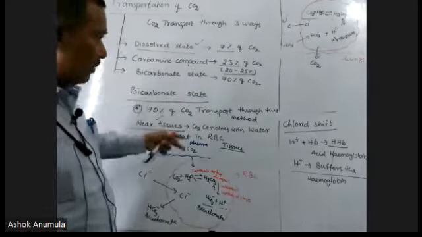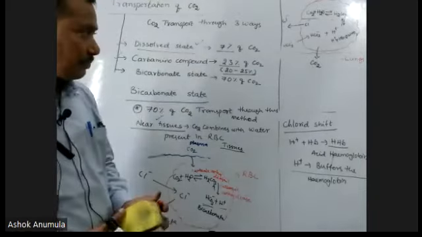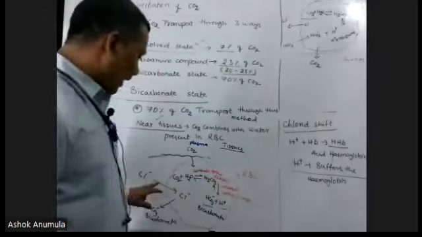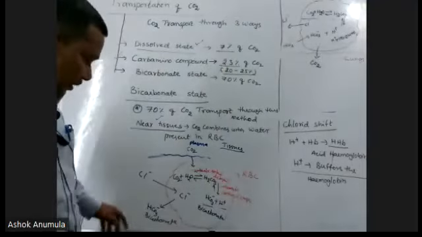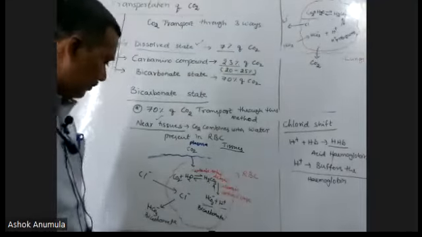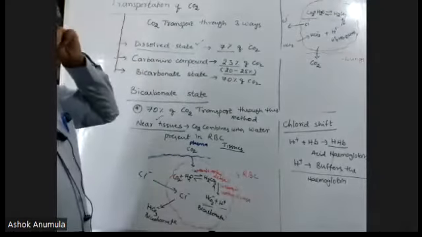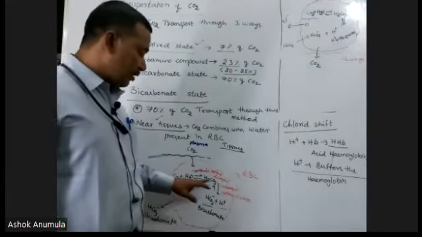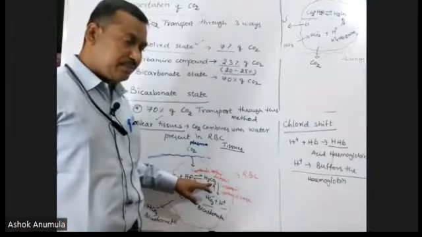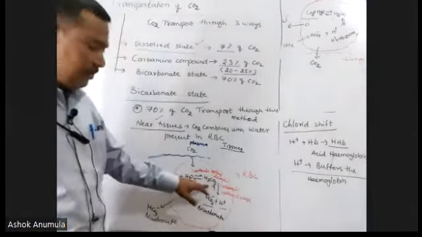I would like to give this information once again. Listen to me. Carbon dioxide enters into the RBC, combines with water, and develops into H2CO3. Carbonic acid develops.